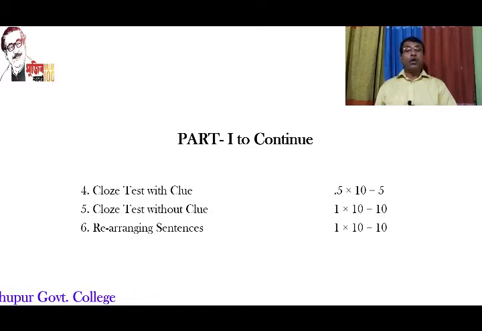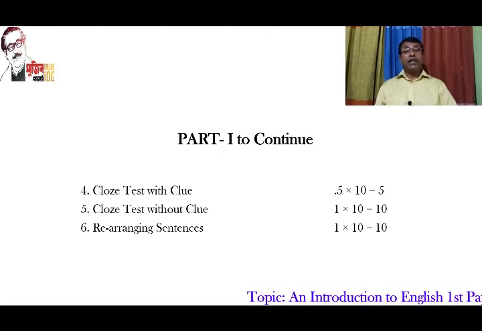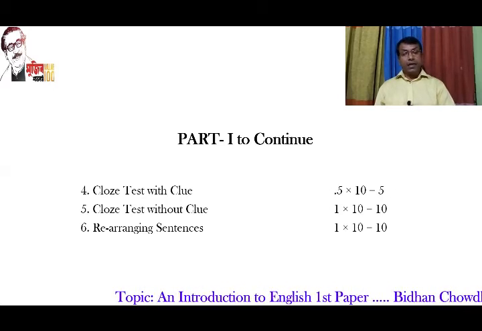So this is all about part 1, and this is the distribution of marks in different types of question. Now I'm going to analyze part 2, where some writing items will be provided. So dear students, let's move to the next slide.